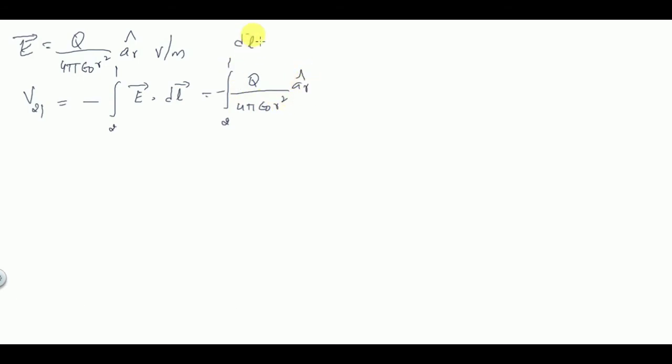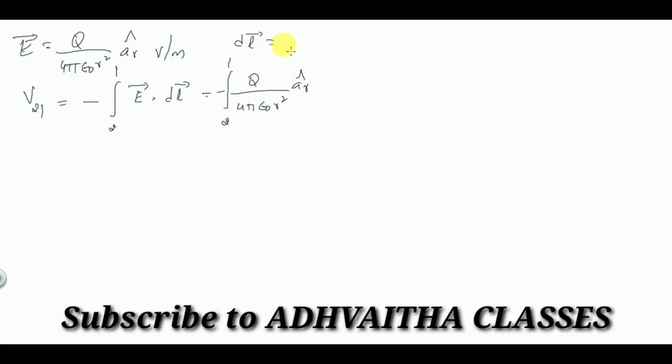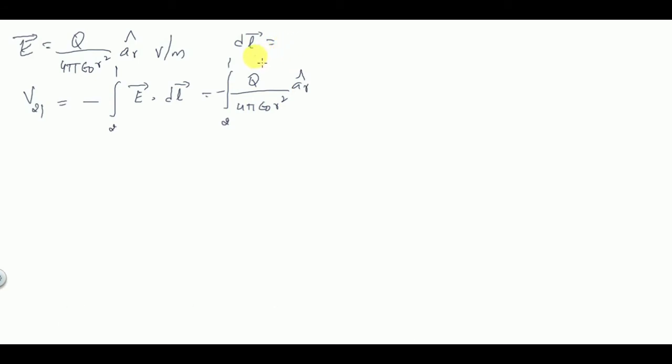And what is dl bar? dl bar is along the radius only, so there is no change in the height of the sphere, and there is no change in the angles of the sphere either. There is only a change in radius. So since it is a spherical coordinate system, it is dr AR cap.